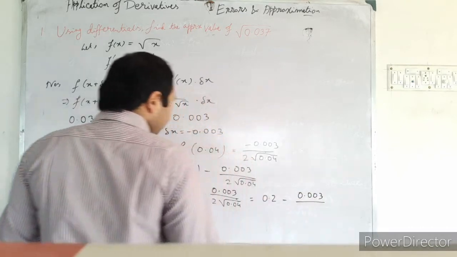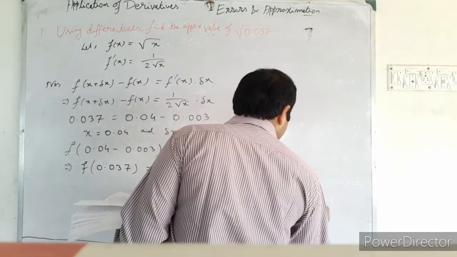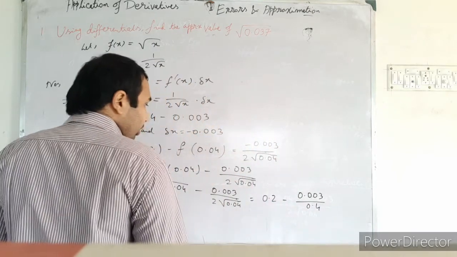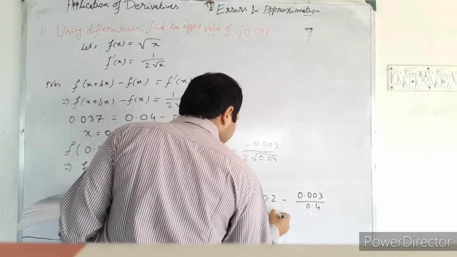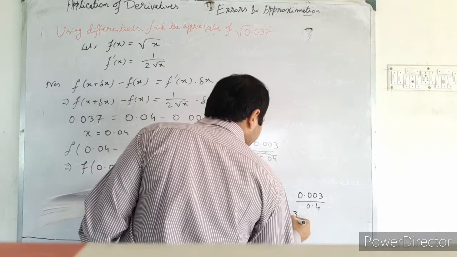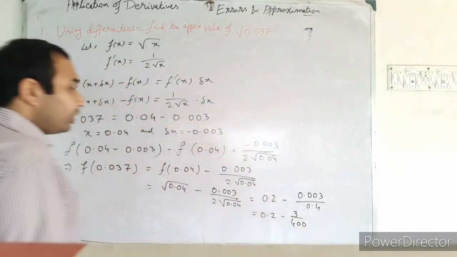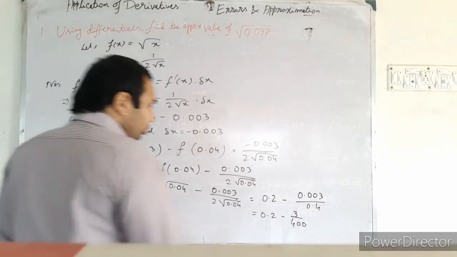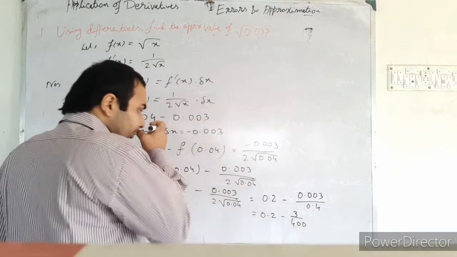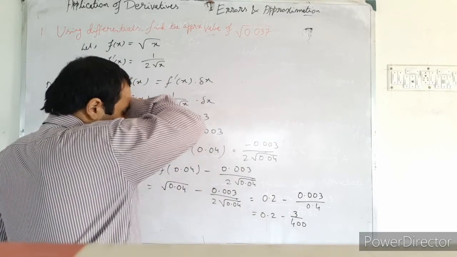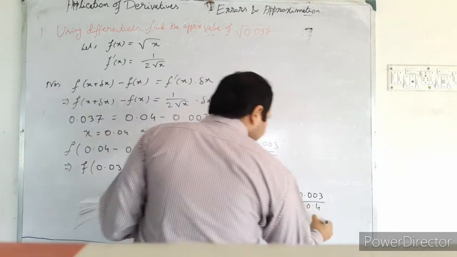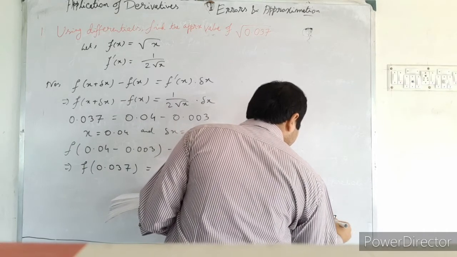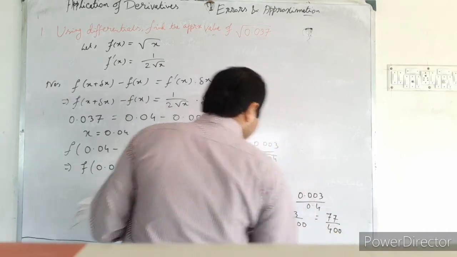0.003 by 2 into 0.2, which means 0.4. So that means 0.2 minus 3 by 400 it will come. There 3 by 1000 and it is 4 by 10. So 3 by 400 it will come. And if you do this, it is coming 0.2 minus 0.0075, that is 0.1925, or 77 by 400.